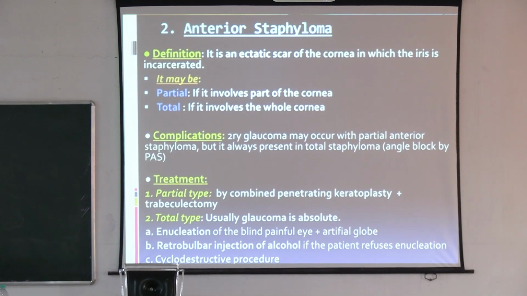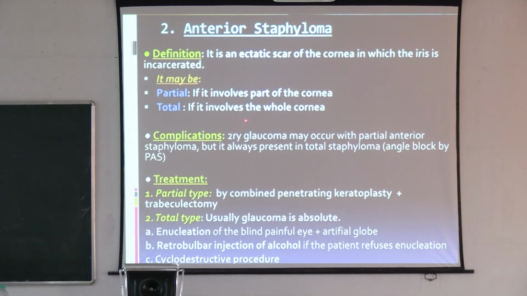Then anterior staphyloma. Anterior staphyloma is an ectatic condition of the cornea. In this condition the iris is incarcerated, but in keratectasia there is no iris incarceration. Anterior staphyloma may be partial or total. If the perforation is small and involves some part of the cornea, it is partial anterior staphyloma.